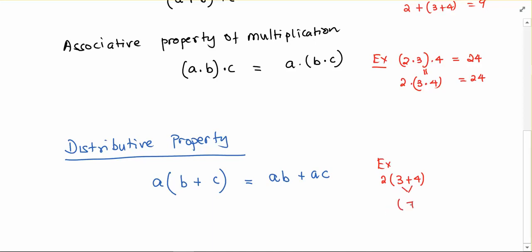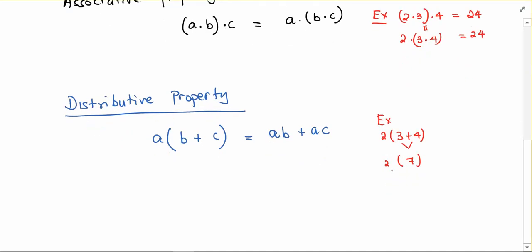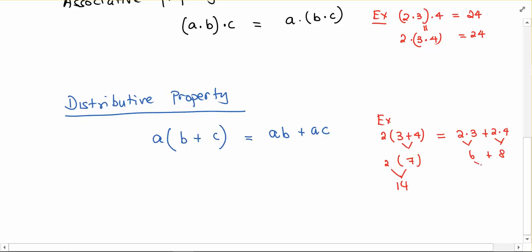That's going to give me 7, and then multiply by the 2 and get myself 14. Now according to the distributive property though, this is equal to 2 times 3 plus 2 times 4. Well, 2 times 3 is 6 plus 2 times 4 is 8, and if I add 6 and 8 together, I get 14. So you can see how those are the same.